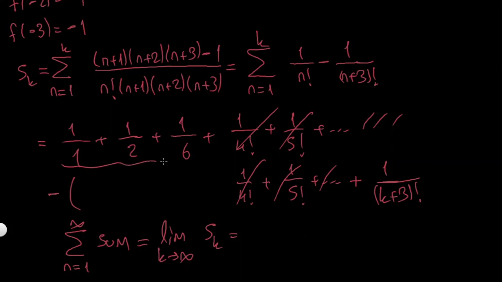Let's not care about them for now. Let's say these add up to a. And I have the last 3 terms of this thing. They are just 1 over k plus 1 factorial, k plus 2 factorial, k plus 3 factorial. They're all just going to be 0, so plus 0, plus 0, plus 0. Okay, so my answer is equal to this thing, which, if I just add them, 6 plus 3, 9, plus 1, 10 over 6, which is 5 over 3. And this is my answer.